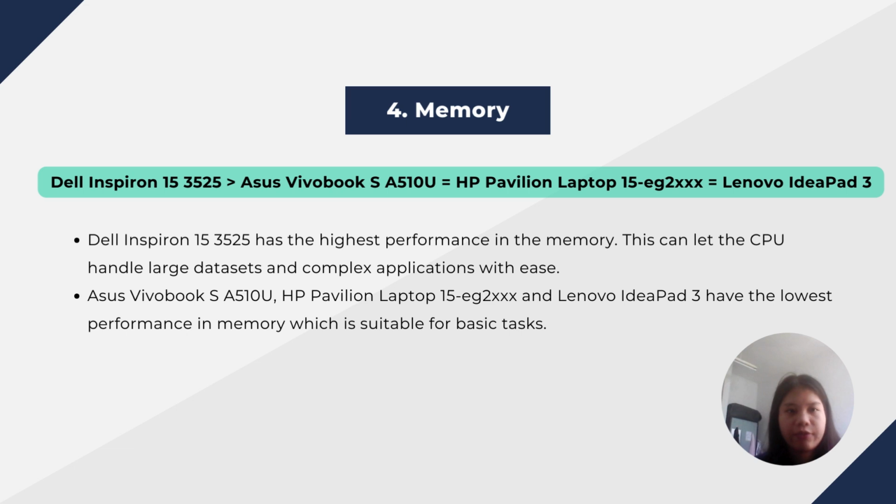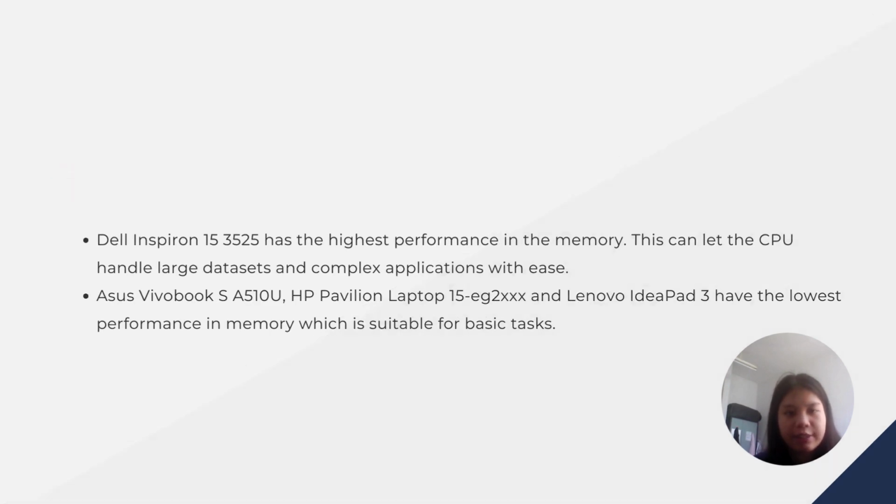For memory, we found that Dell Inspiron has the highest memory, while the three other computers have the same memory, which is in the low memory category. So in this memory, we can conclude that the higher the memory, the higher the rate when accessing the data and the more efficiently it performs.